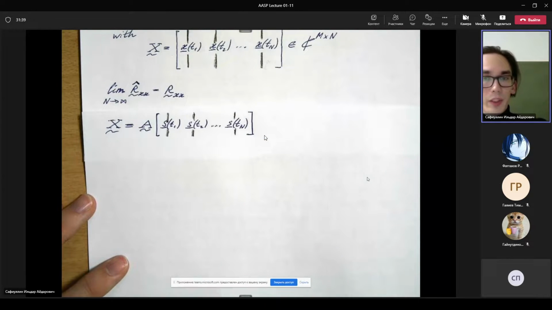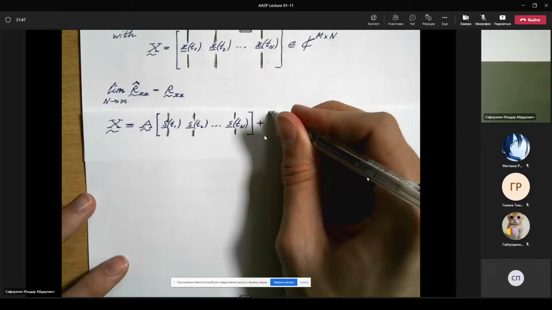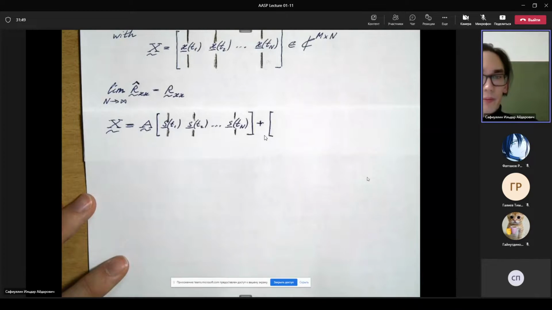And in the following way, we need to represent the matrix of the noises. So plus here the matrix of the noise.